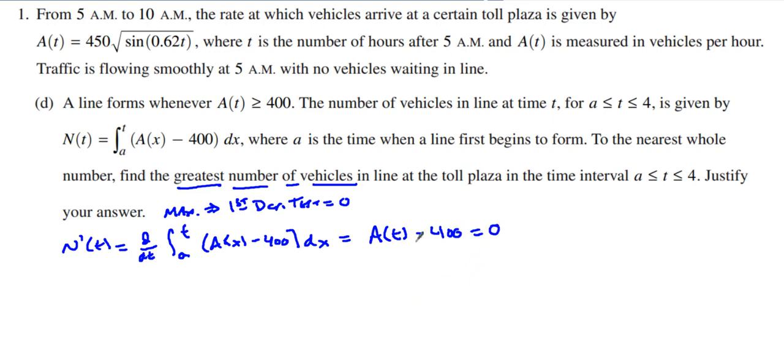And so in my calculator, I am going to graph this function. I'm going to graph y equals f of x minus 400, and I looked at where these values are equal to 0.